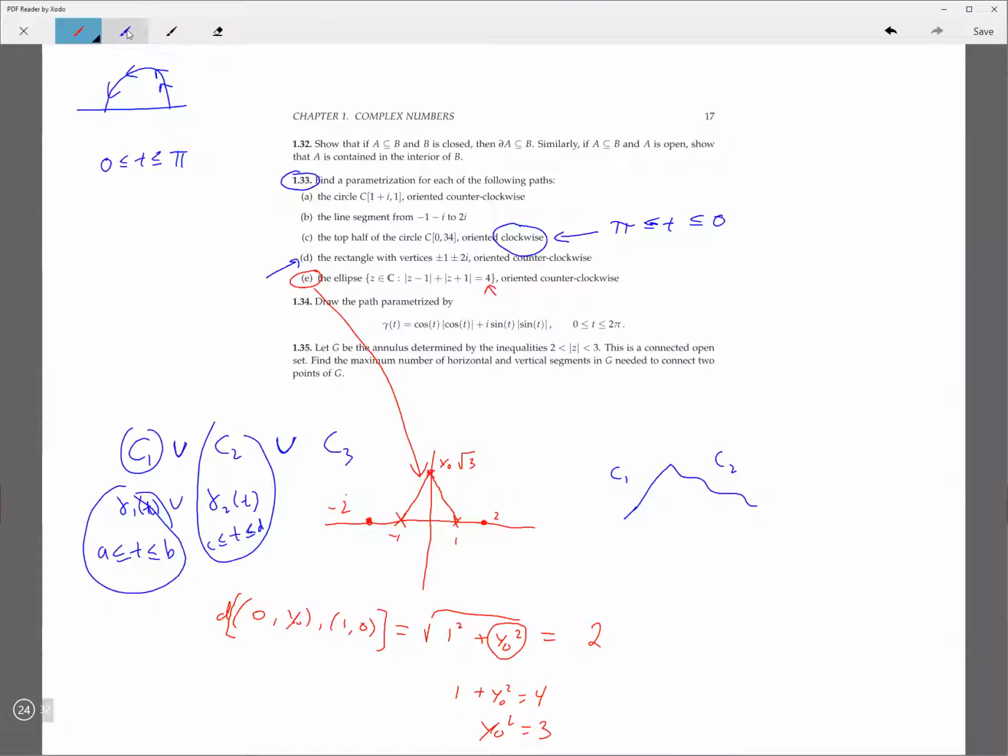Okay, and so then the ellipse is going to look something like this, although that's probably not a very good drawing.